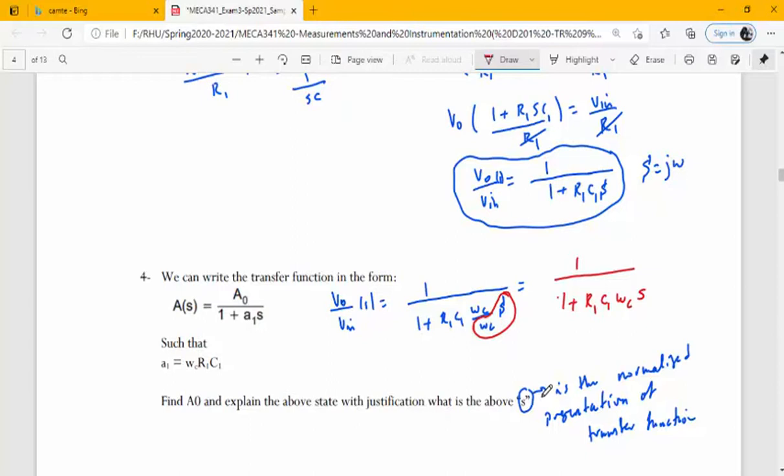Therefore this is A1, okay, this is A1 by comparison, and this is A0, okay. If this is equal to A0 plus A1 s, so A0 is equal to 1 and A1 is equal to omega C R1 C1.